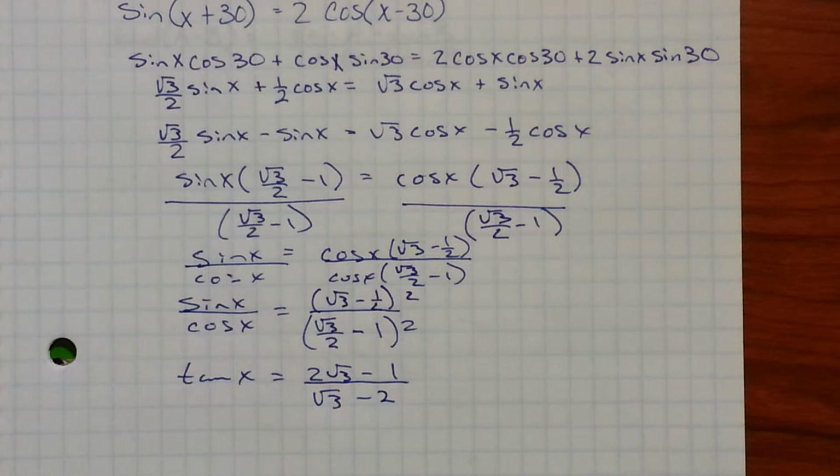Usually you don't leave a radical in the denominator here, but I checked the answer, and it actually does say there is a radical left in that one. So that is my final answer on that.